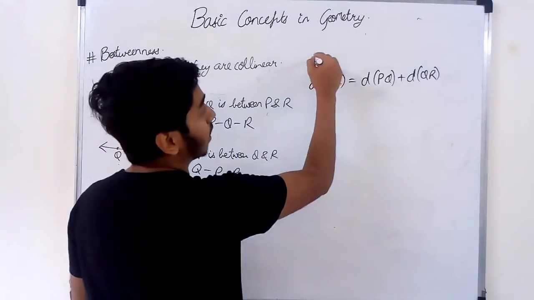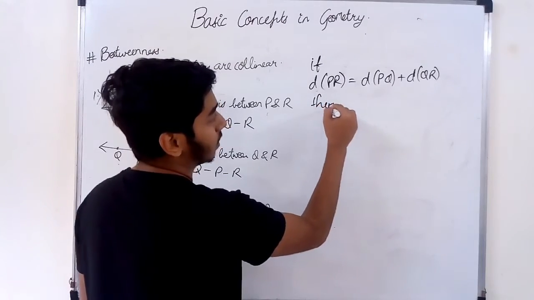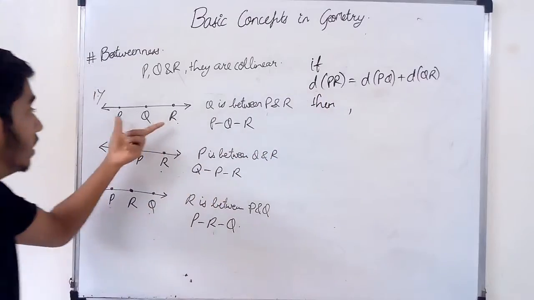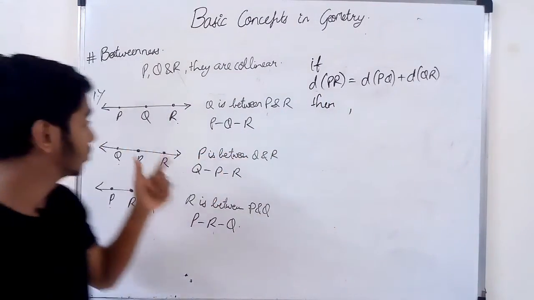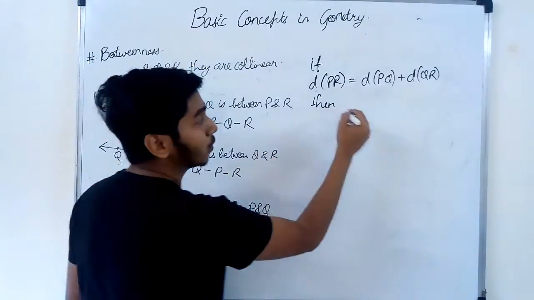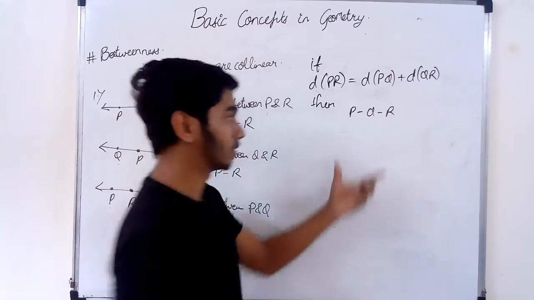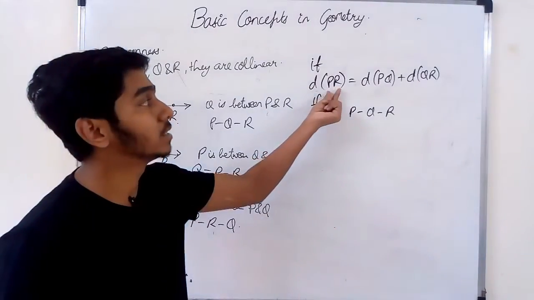So if this is happening, then we can say, see, PR is equal to PQ plus QR, correct? So we can say here that PQR means Q is in between P and R, because here it says PR.